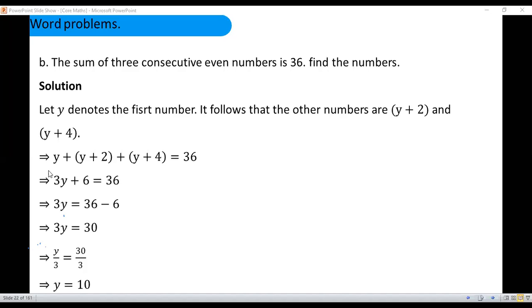Okay, let's continue. So if y is our first even number, the next even number will be y plus 2. For instance, if 6 is the first even number, the next number that will follow 6 is going to be 8. That means you have to add 2 to the previous number.